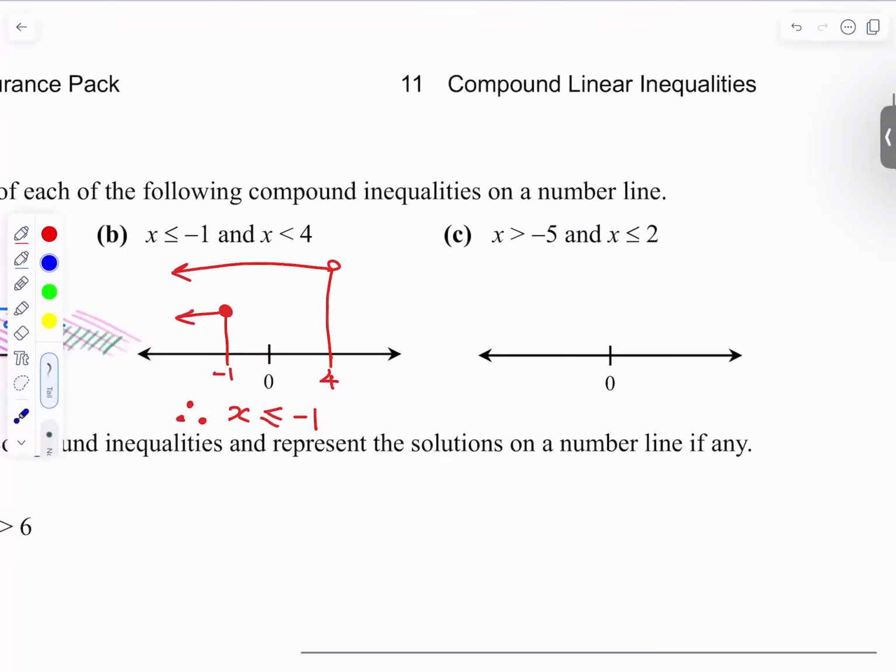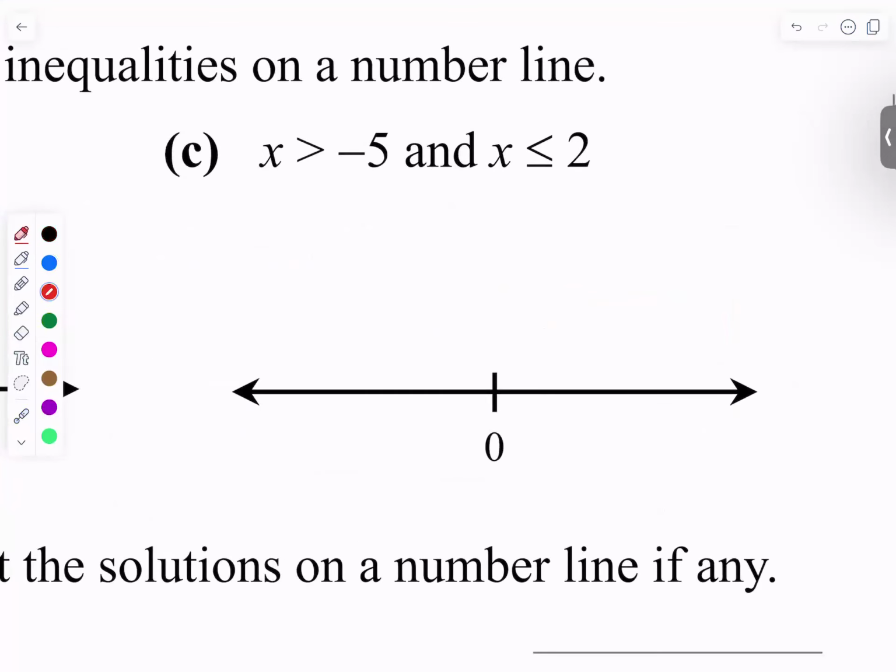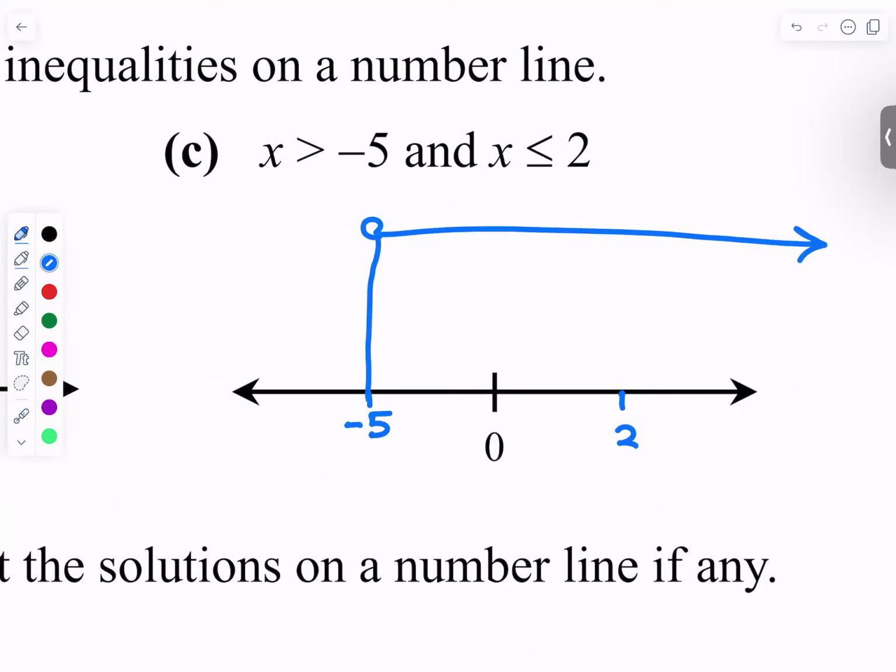Okay, how about this? This one, you have to do a good drawing or else you might get confused. So for -5 and 2: x is greater than -5, so I draw it here. x is less than 2, so I draw it here.